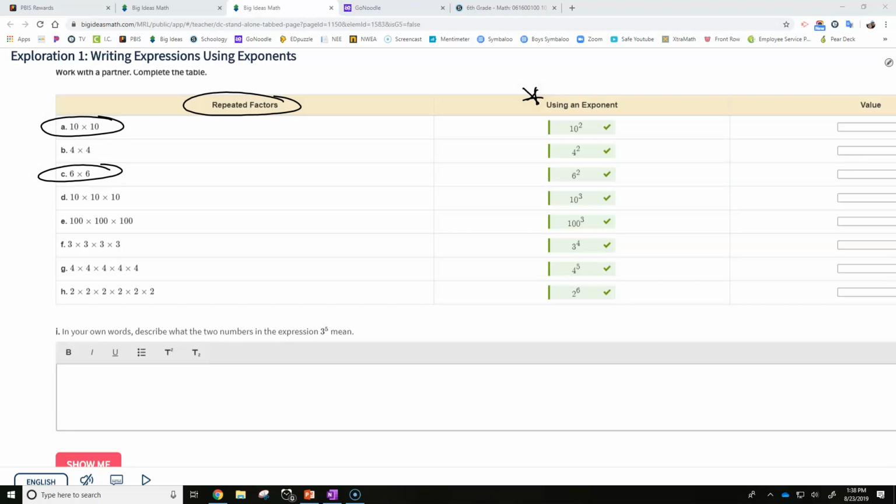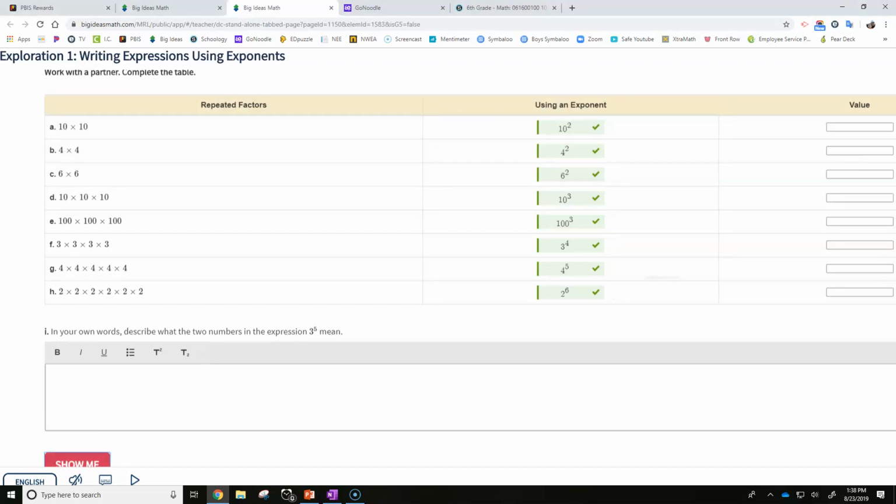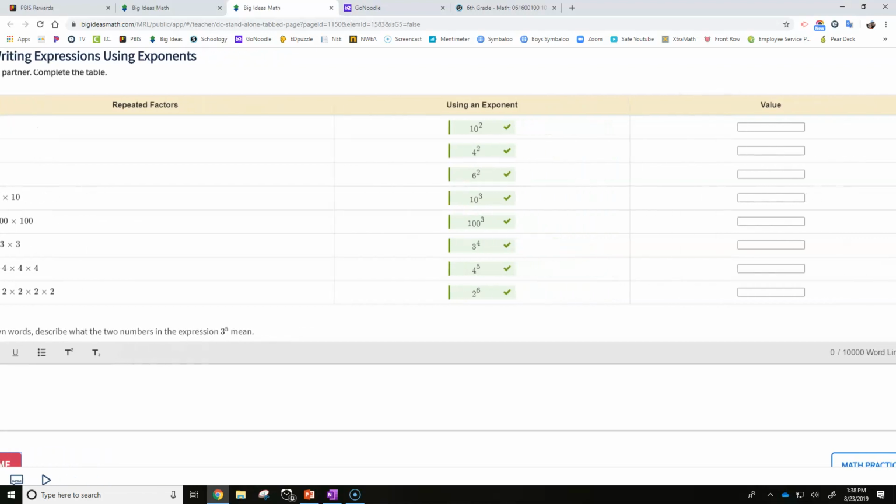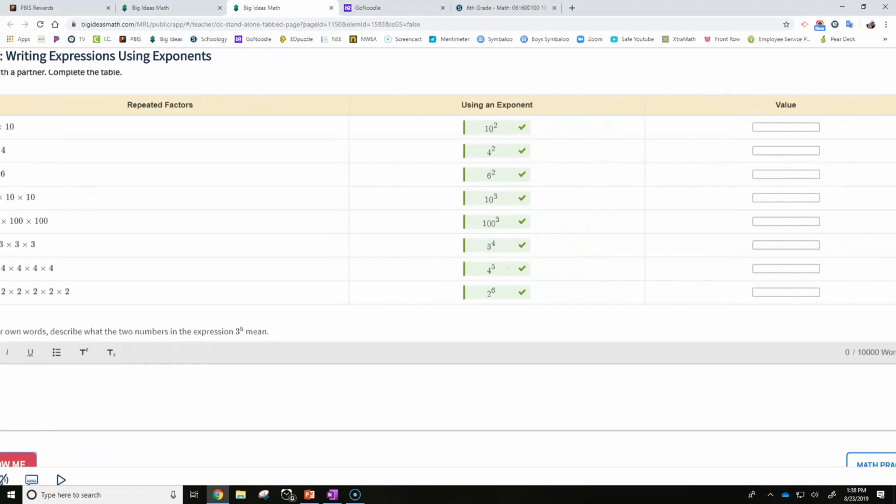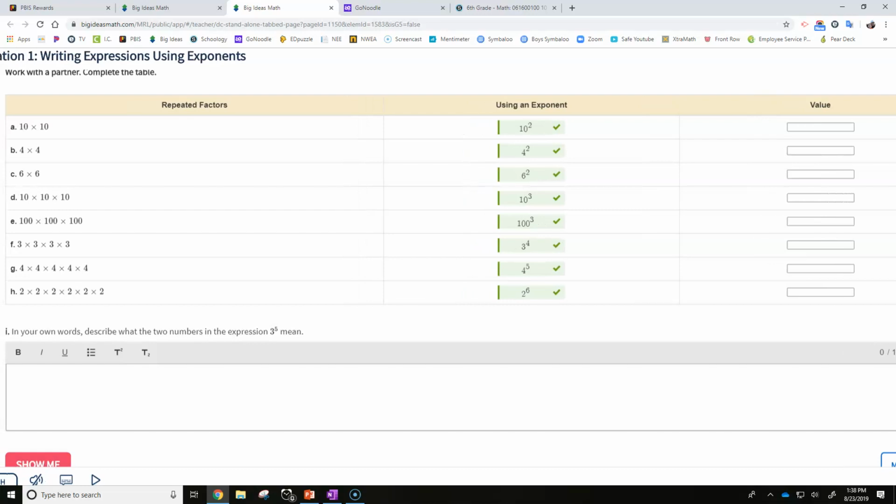Okay, we're going to take it to the next step. See if you guys can do this. If I look at the last one and it says value. Okay, so it's still the same line. And value means what? What is a value? First thing that pops in my head is the value menu at McDonald's. But what does that mean? What does value mean? Maddox? It mainly means what is it worth?